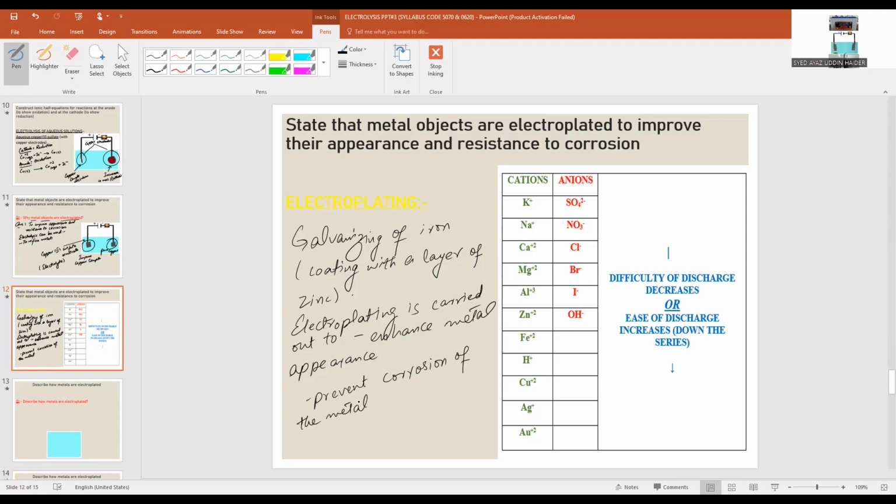The idea of the electroplating cell is very similar to that of refining.